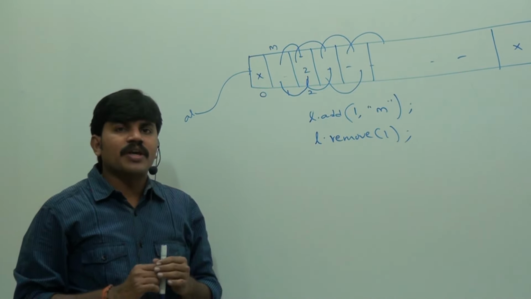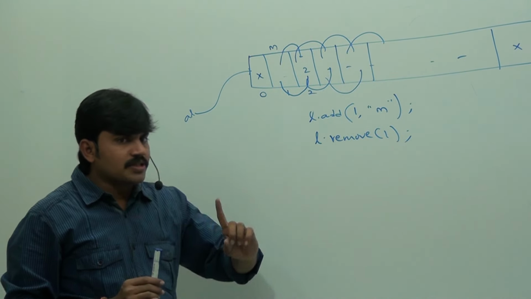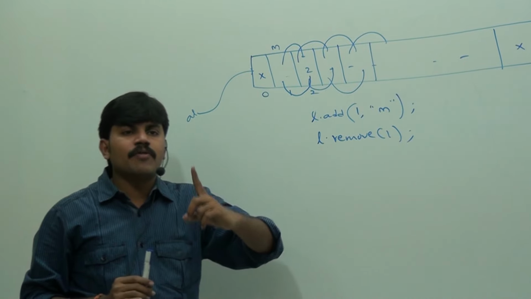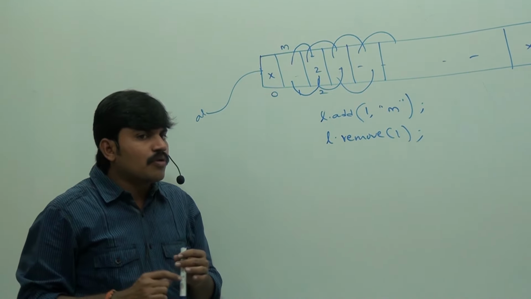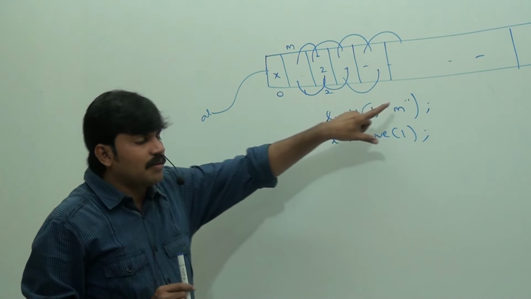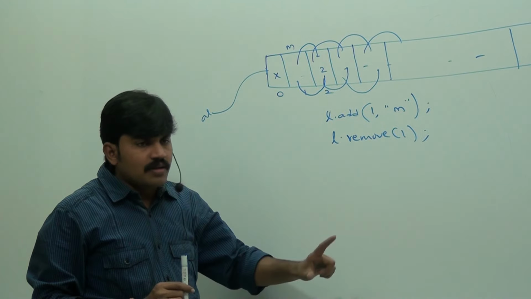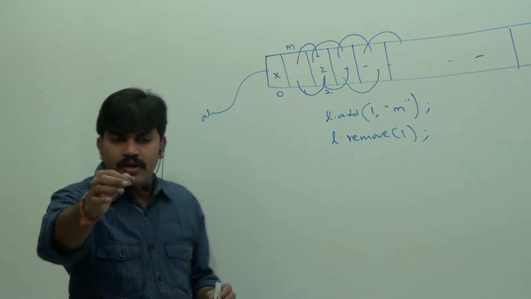So can you tell when ArrayList is the best choice and when it is the worst choice? If our frequent operation is retrieval, it is highly recommended to go for ArrayList. If our frequent operation is insertion in the middle or removal, ArrayList is the worst choice. Is it clear for all of you?